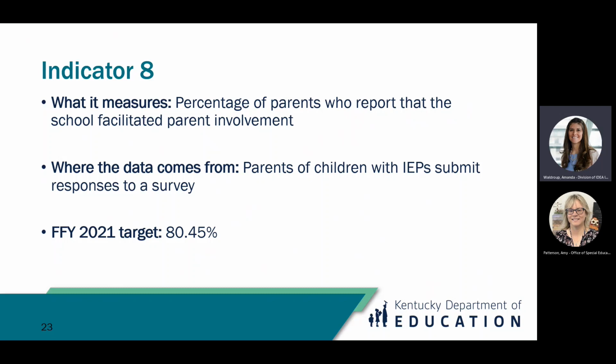The data comes from a survey that is sent out to parents of children with IEPs, and those parents submit responses to the survey annually. The FFY 2021 target is 80.5%, and a goal that Kentucky has is to increase parent involvement over the next few years.